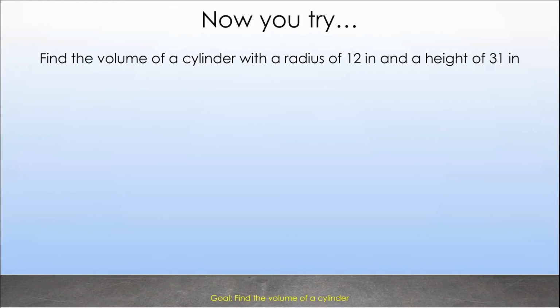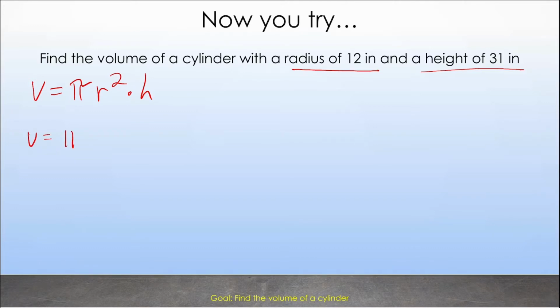Now you try. Find the volume of a cylinder with a radius of 12 and a height of 31. Remember, volume is defined by pi r squared times h. My volume is equal to 12 squared pi times 31. Well, you have 144 pi times 31. 12 squared, that's an important thing to have.